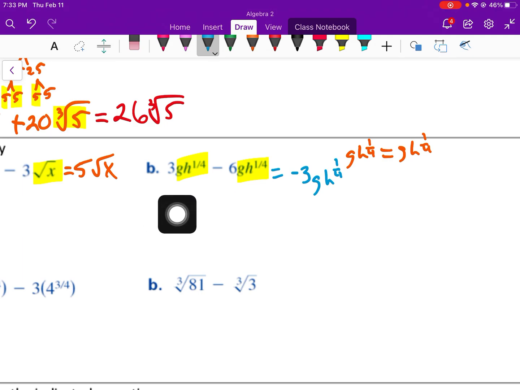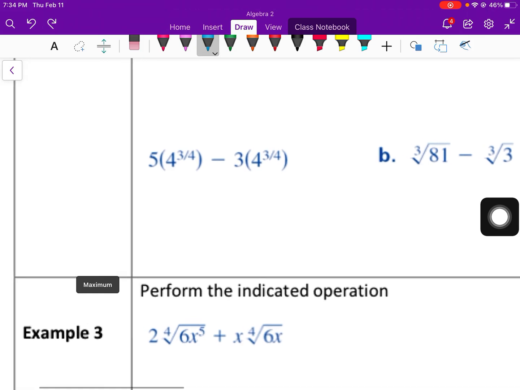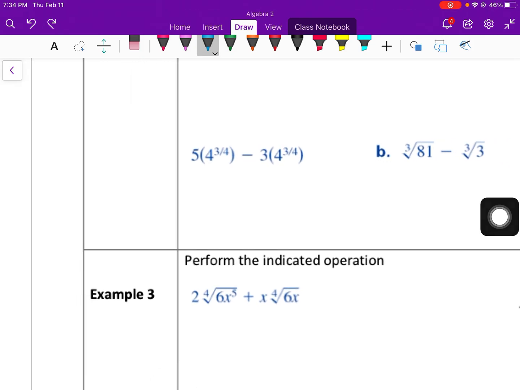Because when we do 3 minus 6, you can think of it as 3 plus the opposite of 6. So you get negative 3 gh to the 4th. That will be simplified down. It might look a little messier, challenging right now, but what we're looking for is whether the terms are exactly the same. Then we can do those addition and subtraction properties.